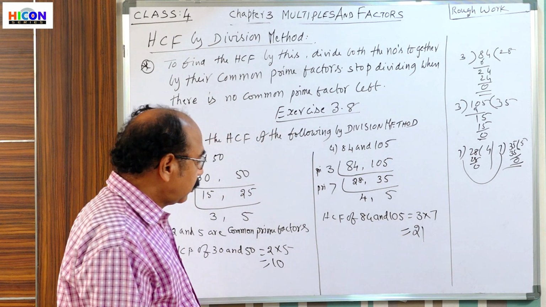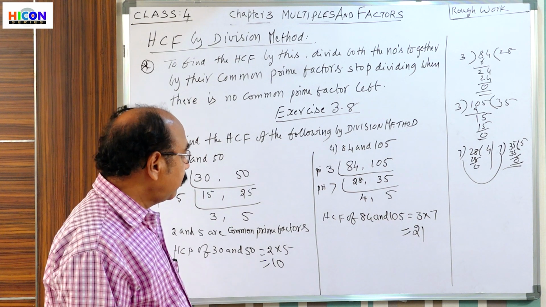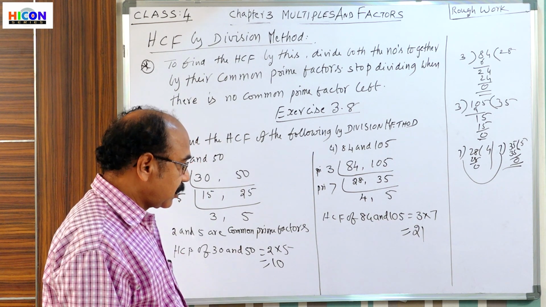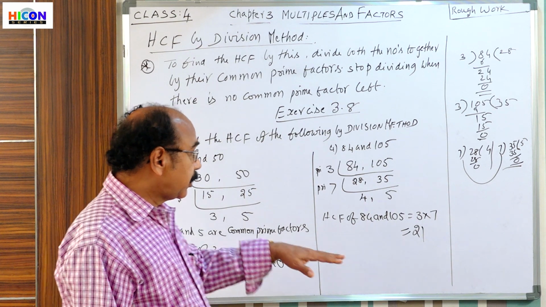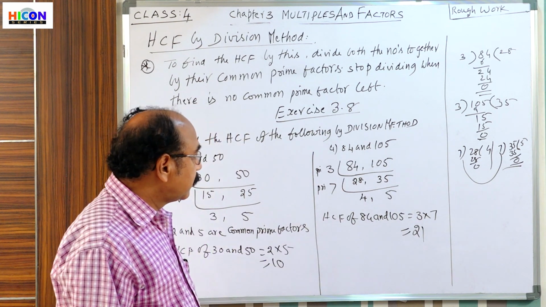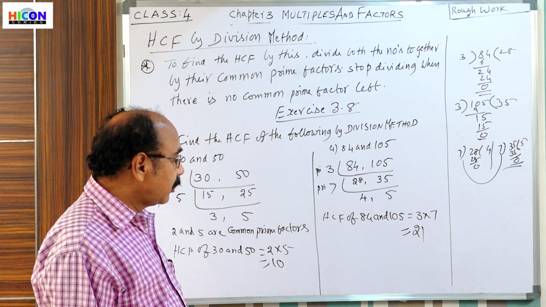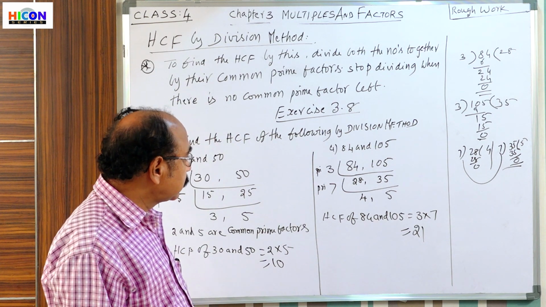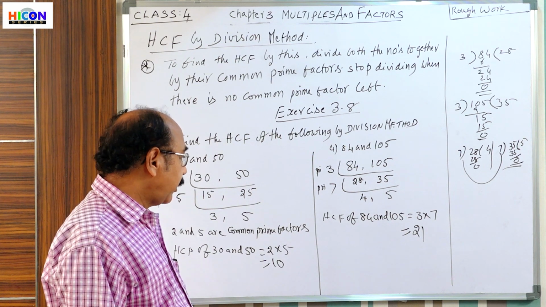That is the highest common factor of 84 and 105. 21 is the highest. More than that, it can't divide.